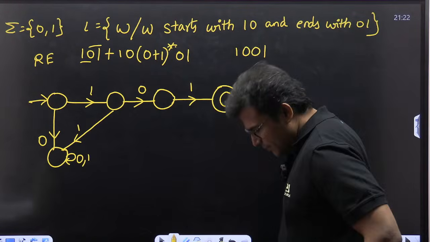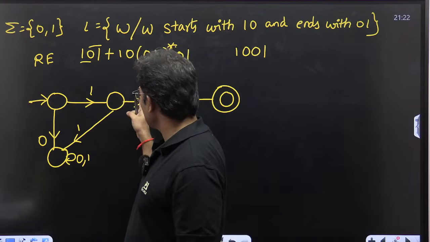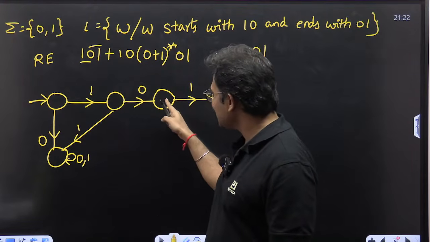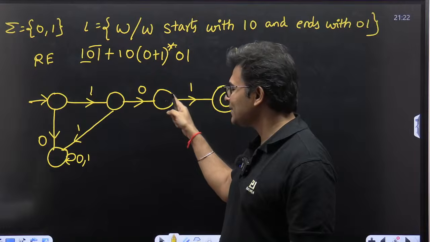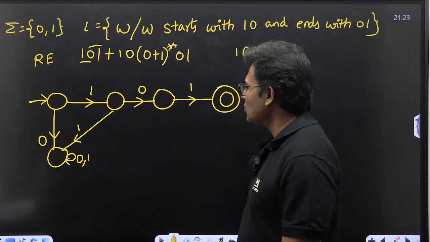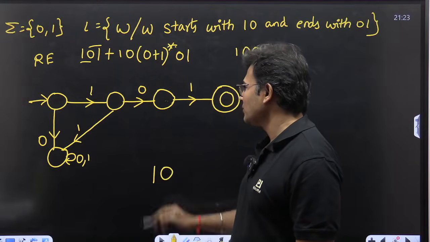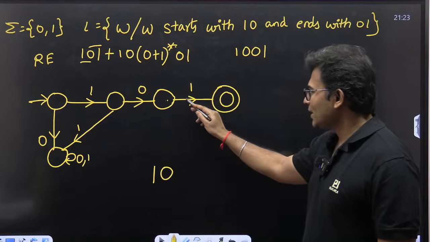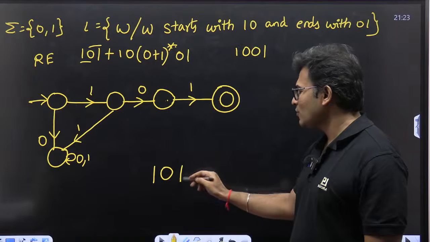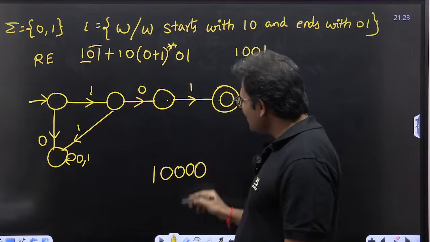101 is accepted, guys. Now this state you have answered 0 and 1. For this state you have answered only 1. You didn't answer 0. Now how did I reach this state, guys? By seeing 10. Now if I get a 1, it will end with 01 and I'll accept it. Let us say I'm getting zeros here. Let any number of zeros come.